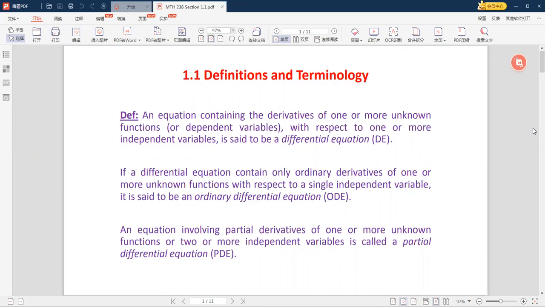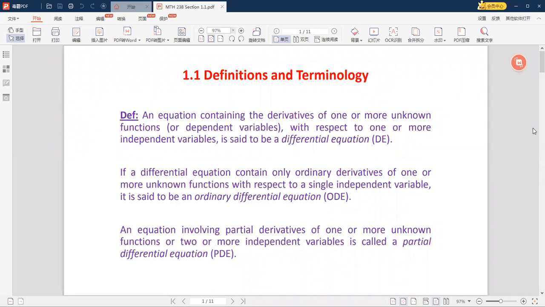If an equation involves partial derivatives of one or more unknown functions of two or more independent variables, okay, this should be "of" instead of "or", this equation is called a partial differential equation. So in partial differential equations, you have two or more independent variables.